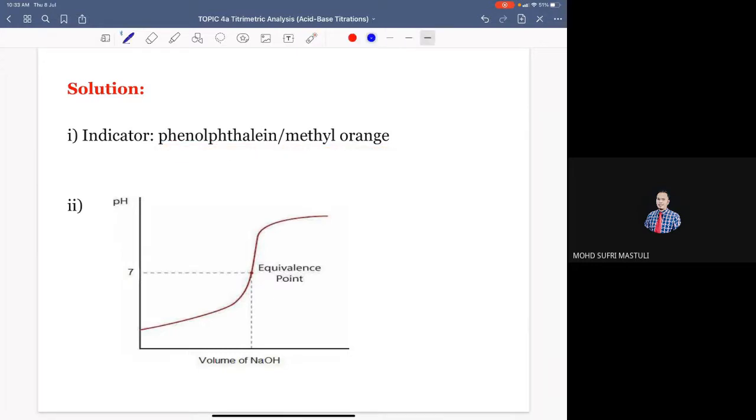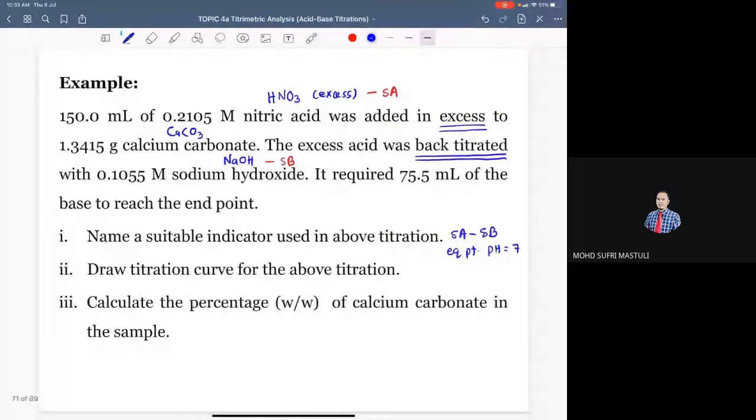The phenolphthalein is normally purple, methyl orange is orange in color. So you can suggest one of the indicators, either phenolphthalein or methyl orange.